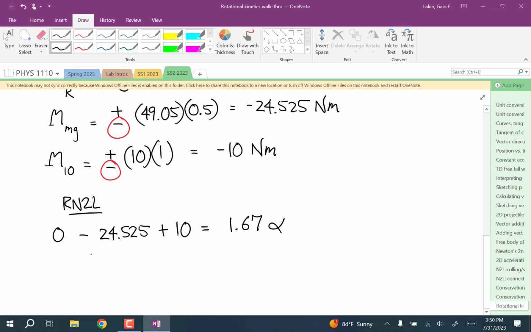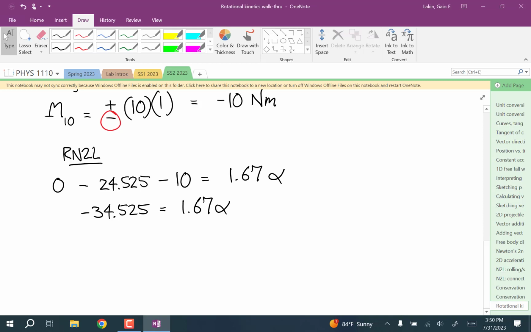And so we have, this was a negative 10, so that should be minus. And so we have negative 34.525 is equal to 1.67 alpha.